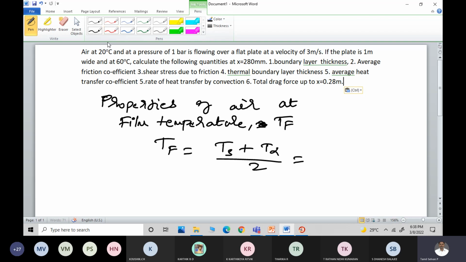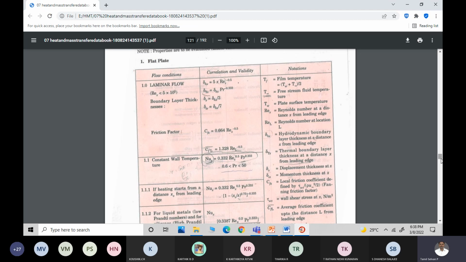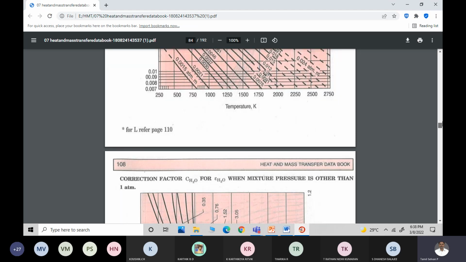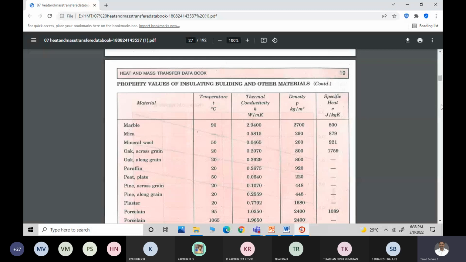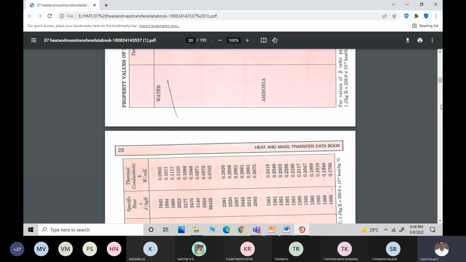So 20 degrees C is the air temperature and 60 degrees C is the flat plate temperature. So 20 plus 60 divided by 2, that is 40 degrees. At 40 degrees C, you have to take the data book and go to the properties of dry air. I think it is on page number 33. Am I correct, students?